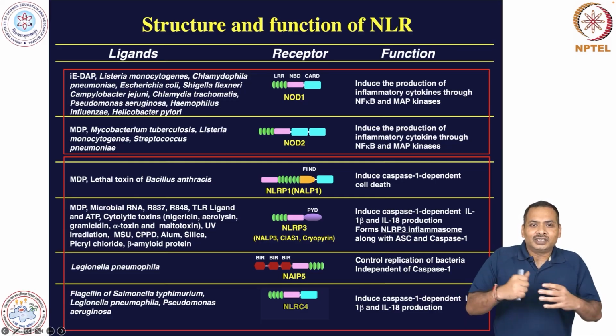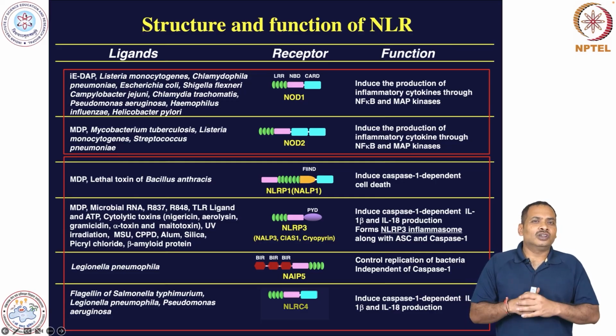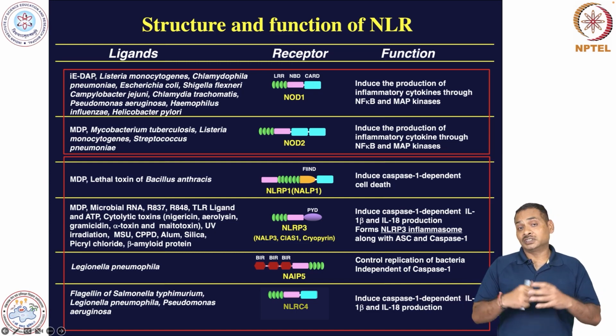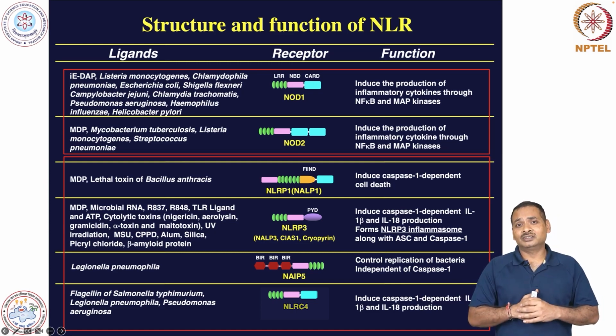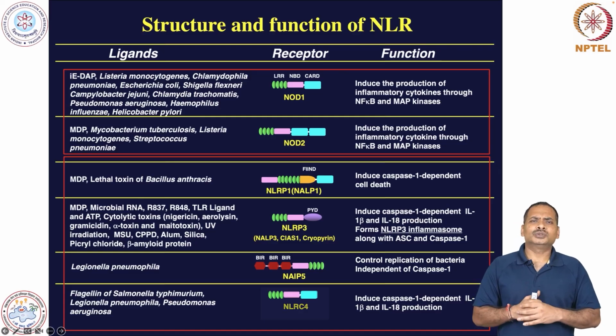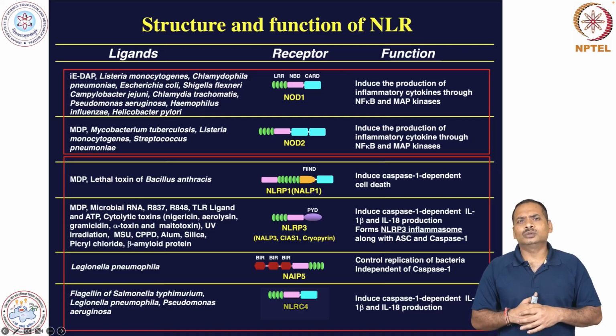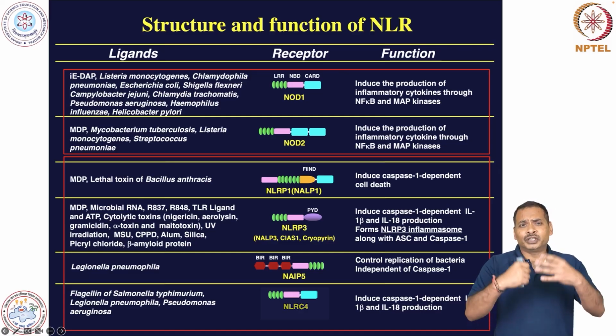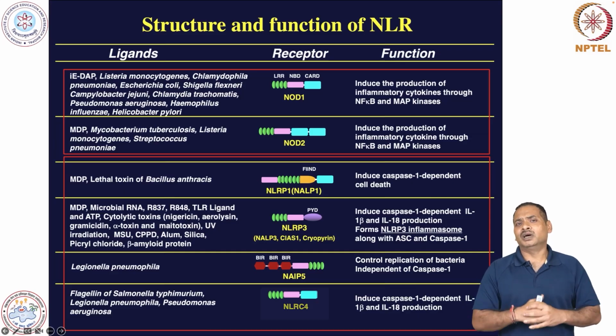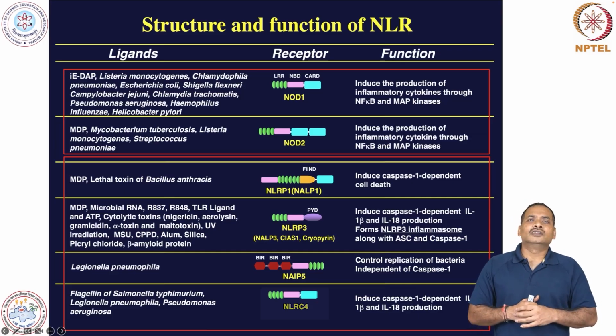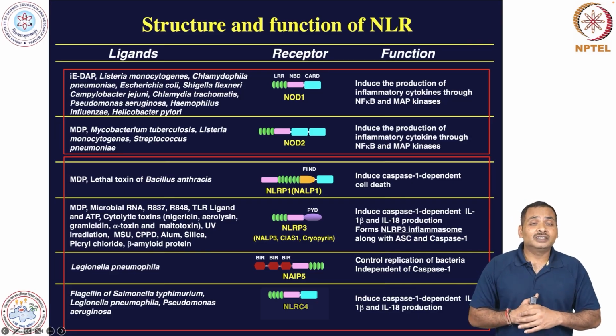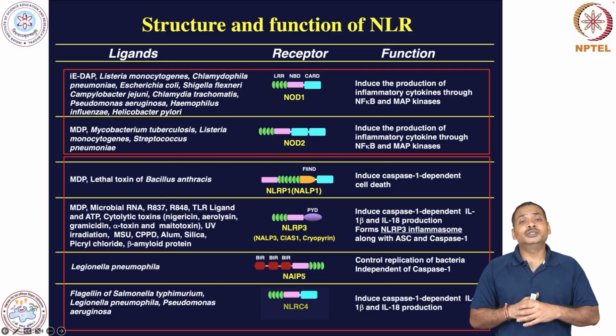Try to understand one simple philosophy here: IL-1 family cytokines are quite potent. A small dose is quite sufficient to induce significant biological effects. For example, IL-1 beta can induce fever.